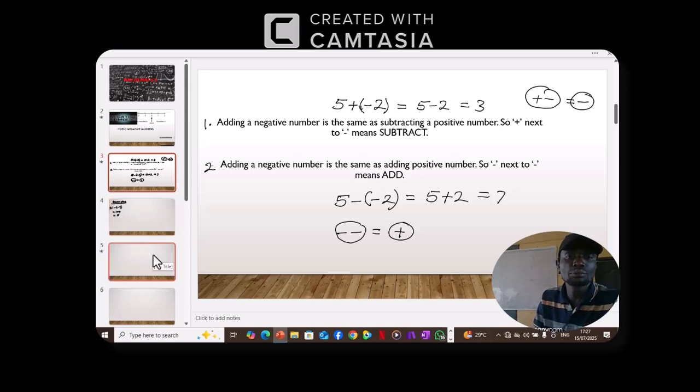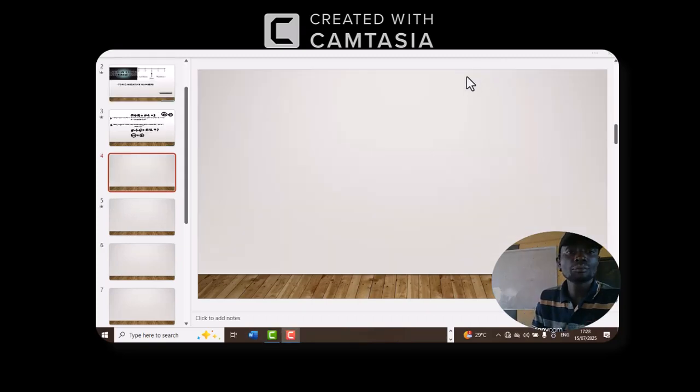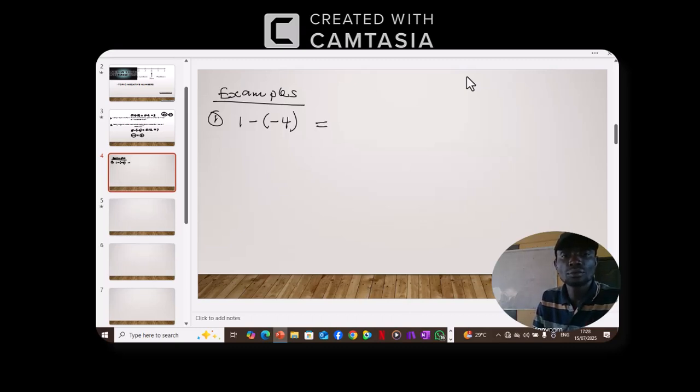Now, examples. Example 1: 1 minus 4 will give you 1 plus 4, and that will give you 5.